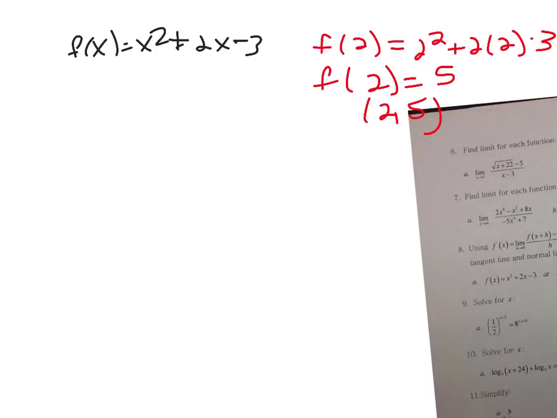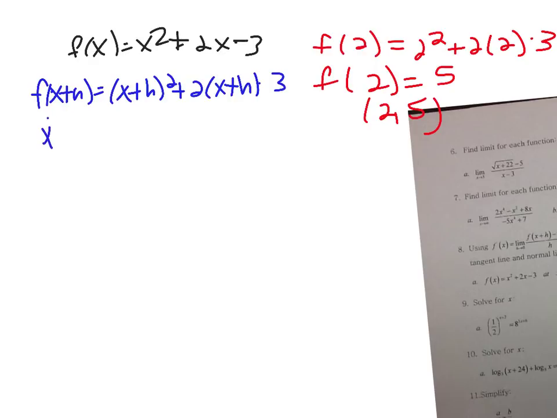All right, so now I'm going to start with my derivative. I'm going to start with f of x plus h. So that's x plus h squared plus 2 times x plus h minus 3. So this is x squared plus 2xh plus h squared plus 2x plus 2h minus 3.